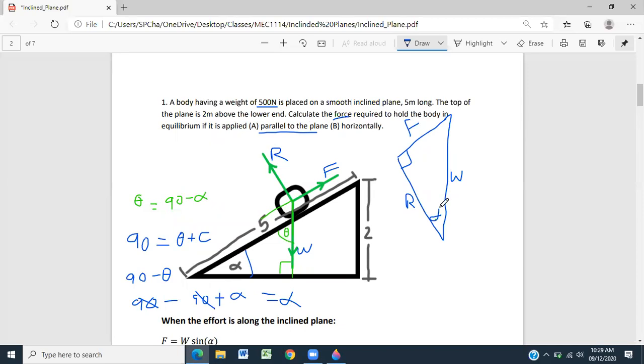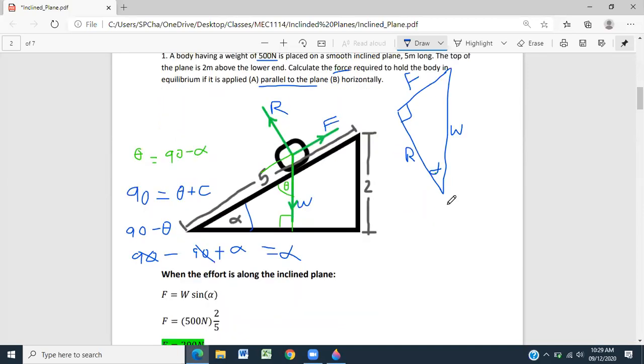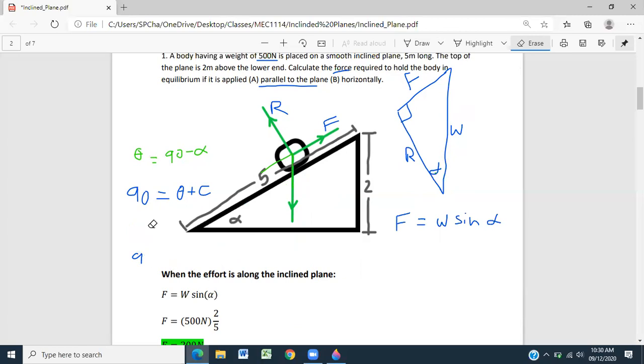So what is F? Well, you can simply just write down F equal to W sine alpha. Does everyone agree with this? Any doubts? No? Okay, great. Just use a trig ratio.